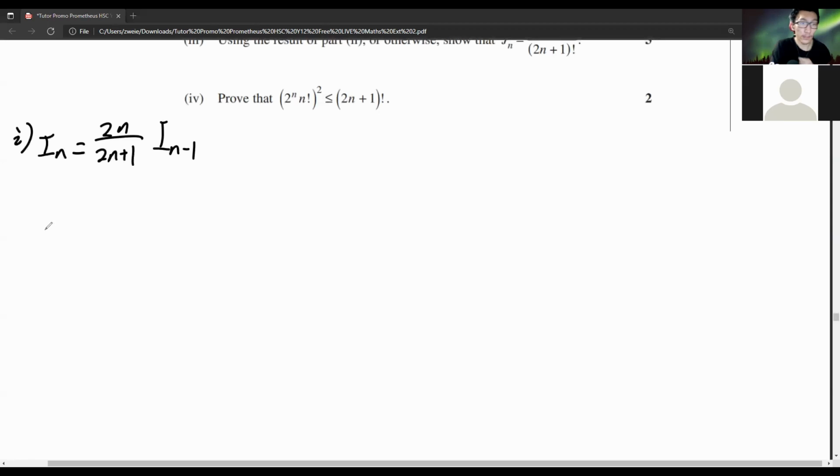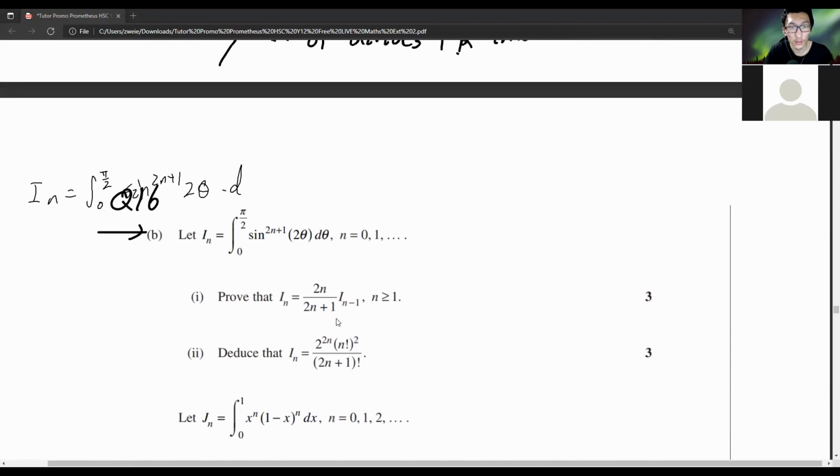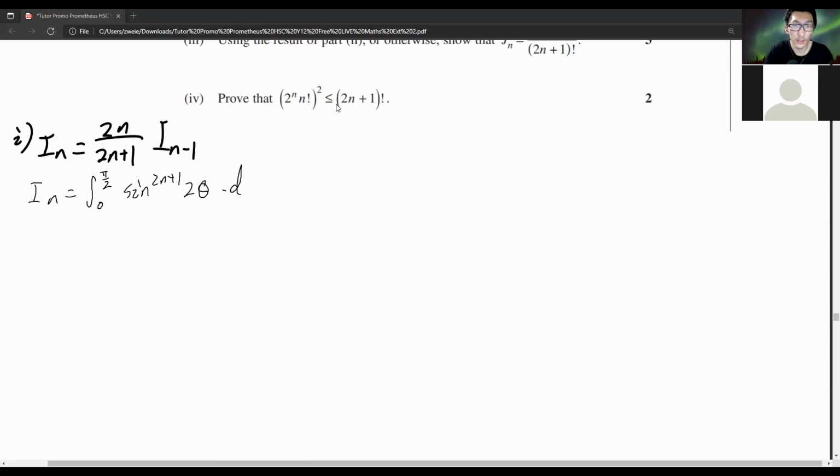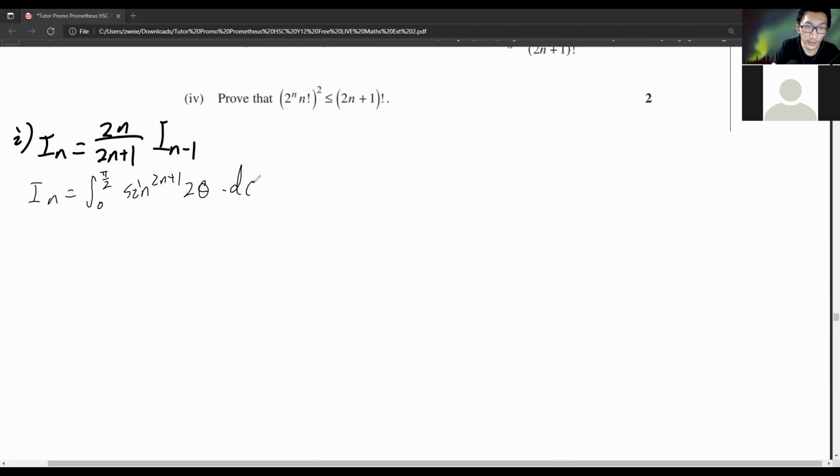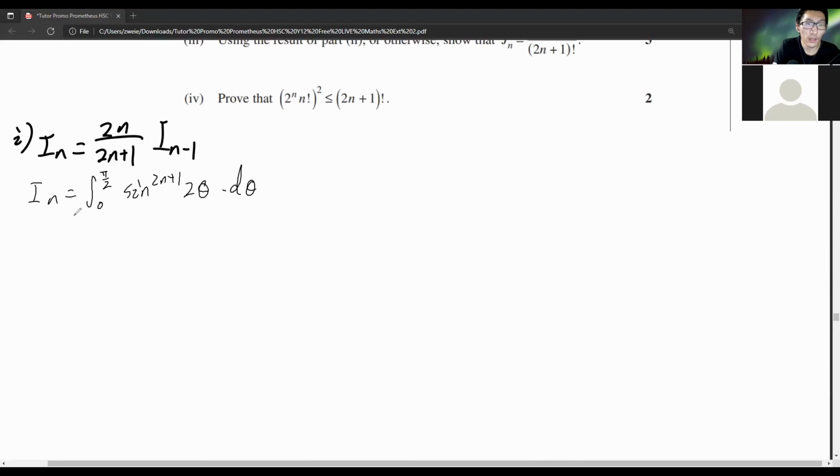Essentially I have I_n equals the integral from 0 to pi on 2 of sine to the power 2n plus 1 of 2 theta times d theta. When you have to do these recursive integrations, what we have to do is integration by parts. By parts is the only way to do it.